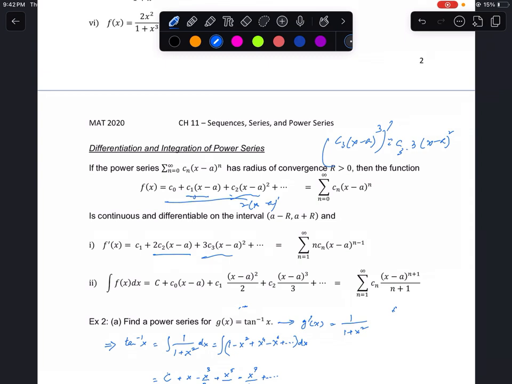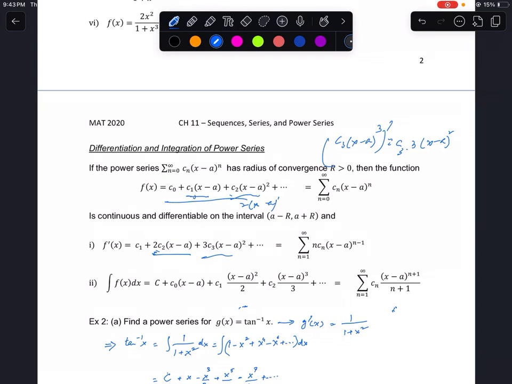Although the function was starting at n equals 0, the derivative is starting at n equals 1, because one power has gone down. And then there is a number n being multiplied with each term. If it's the second term, we have a 2, third term we have a 3 being multiplied, and so on.